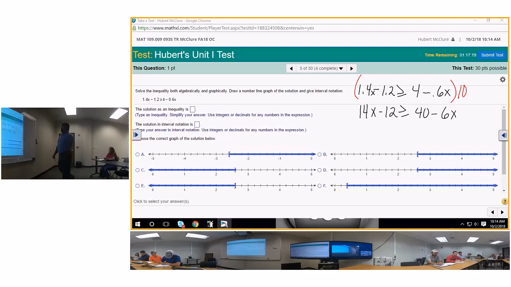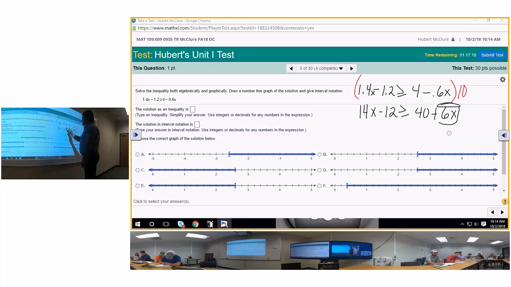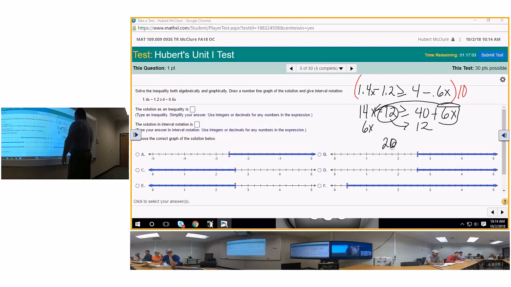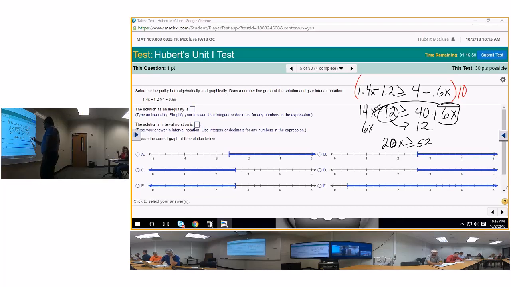Now I'm going to move that smallest bucket across the river, and it becomes 6x. And I'm going to move the negative 12 across the river, and it becomes 12. I get 20x is greater than 52. And 52 over 20 is going to be 26 over 10, which is 13 over 5. Somebody help me out.